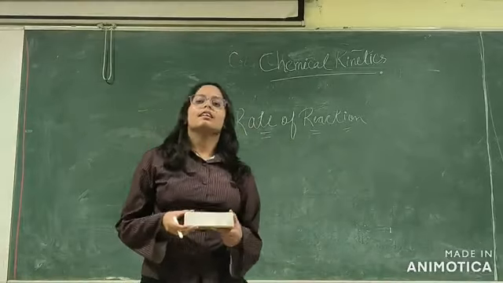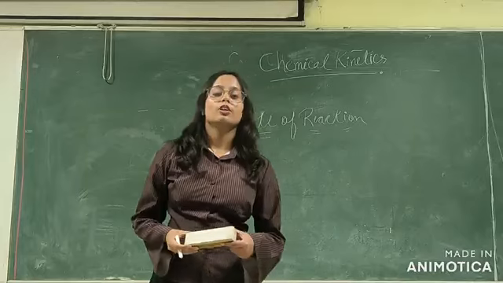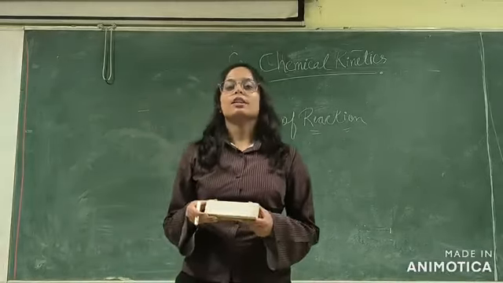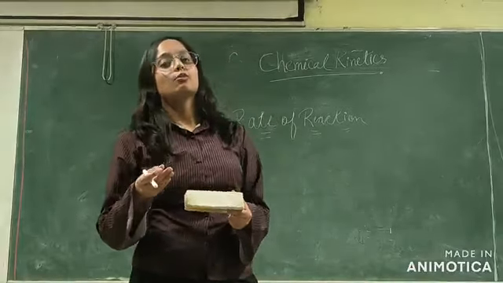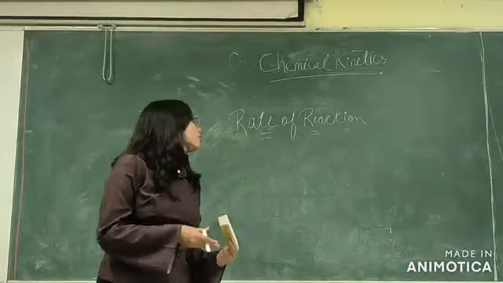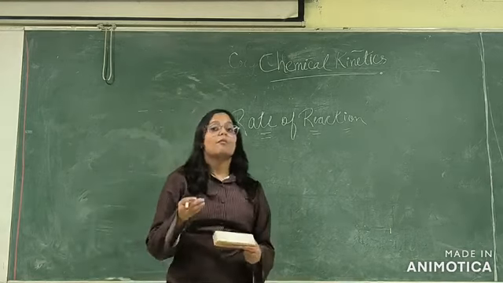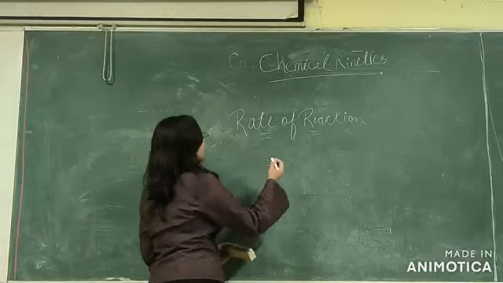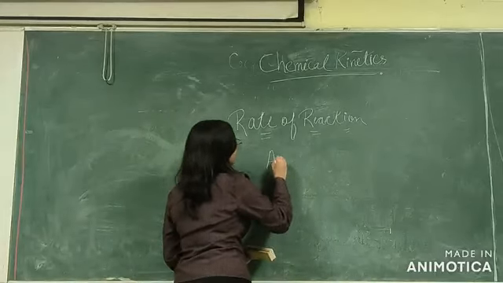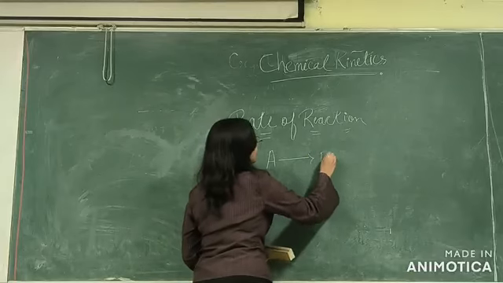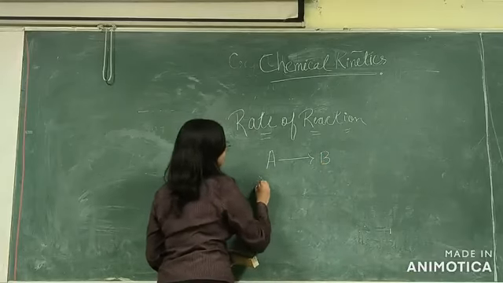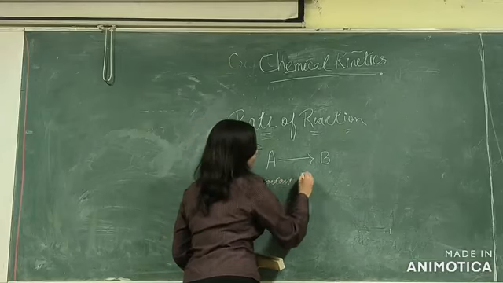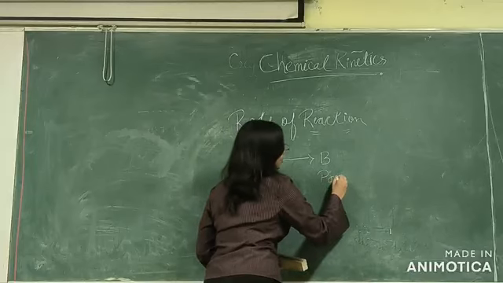For simply understanding the rate of reaction, you can compare it with speed. How do we calculate speed? By dividing the distance by time. Similarly, the rate of reaction can be calculated by dividing the concentration of the reactant by time. So, let us consider the reaction A forming B. Here A is the reactant and B is our product.